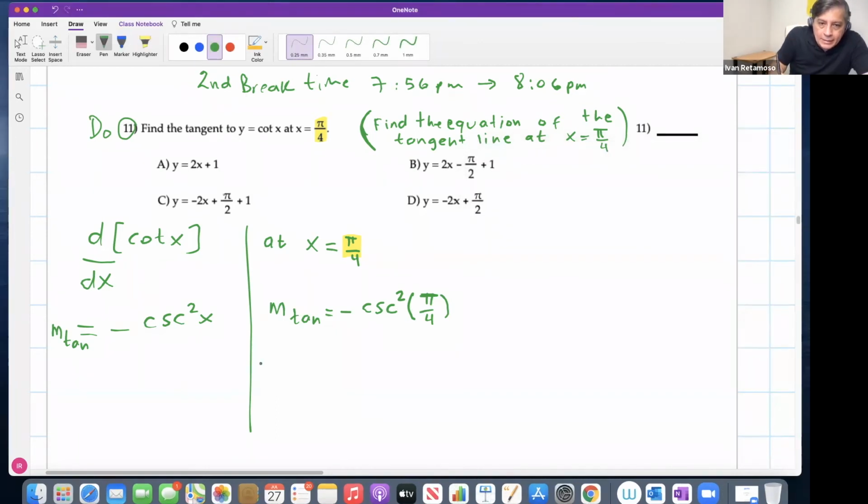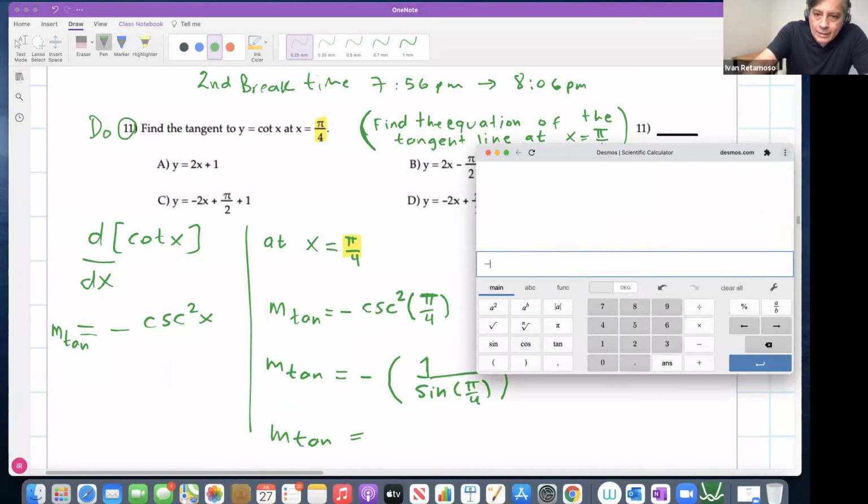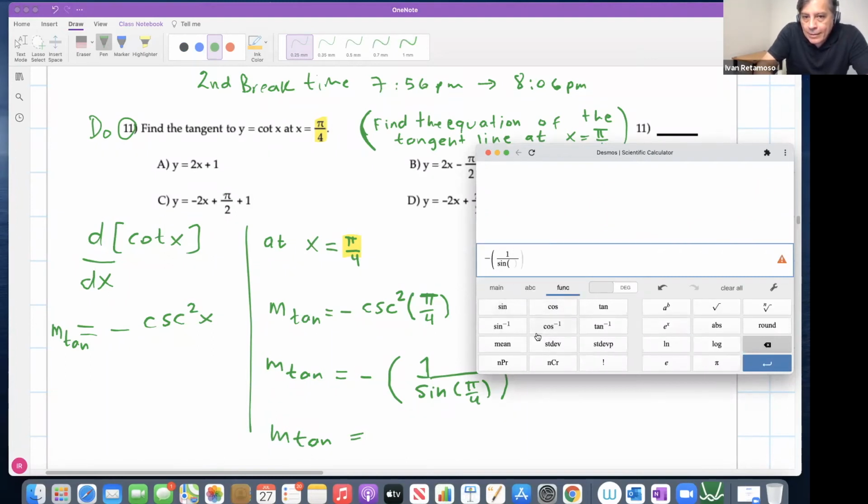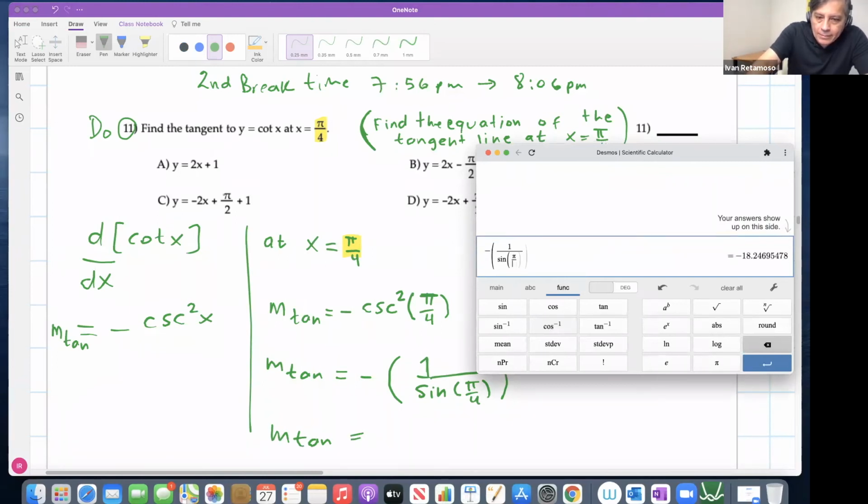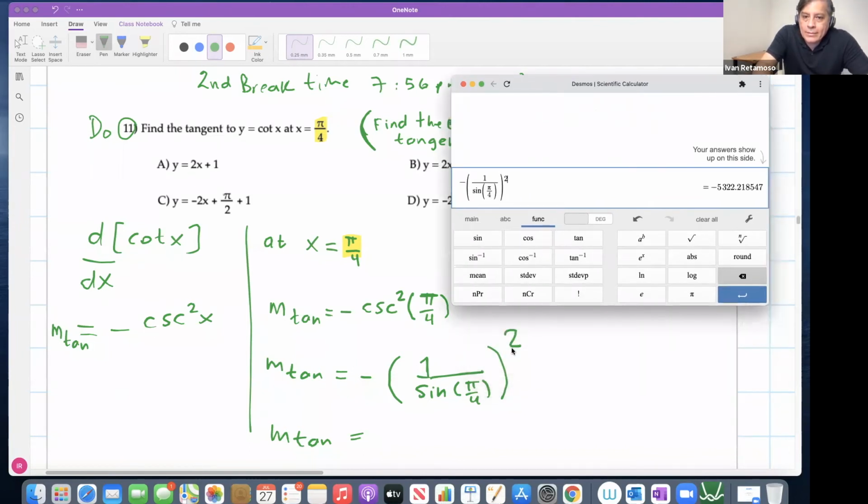The way you will compute this in your scientific calculator is: minus, parentheses, 1 over sine of pi over 4, close the parenthesis, and raise this whole thing to the second power. 1 over sine is cosecant, so 1 over sine of pi over 4, raised to the second power. This is this.